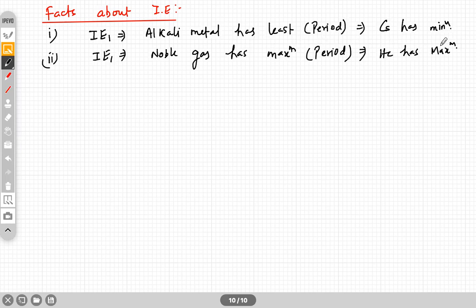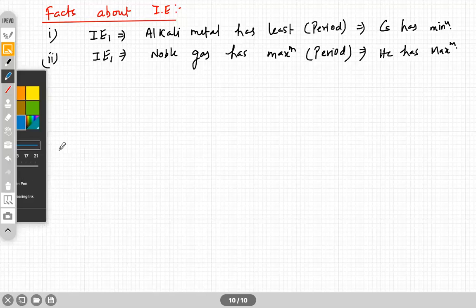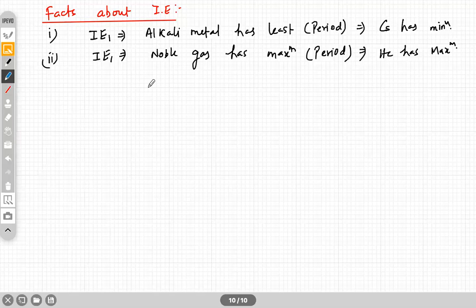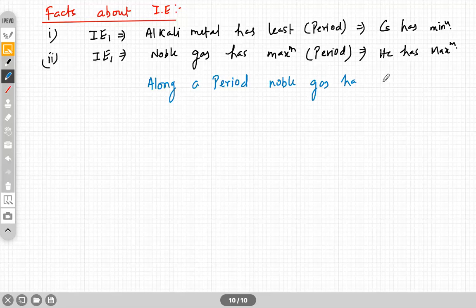Now you see one thing here. I have already told you that along any period, noble gas has the maximum radius. Yes or no? Why does noble gas have maximum radius? Van der Waals radius, right? Maximum radius.